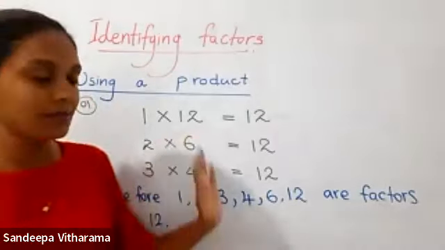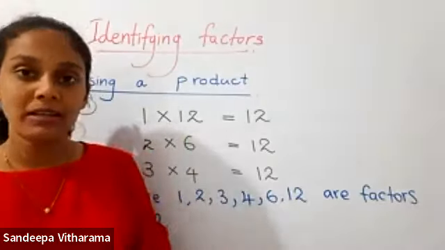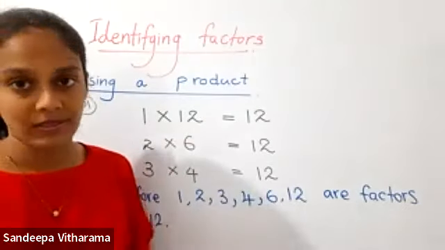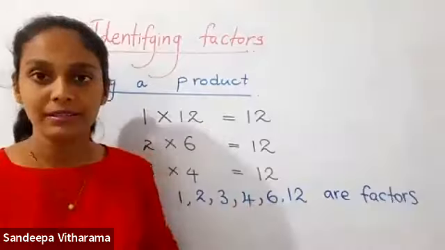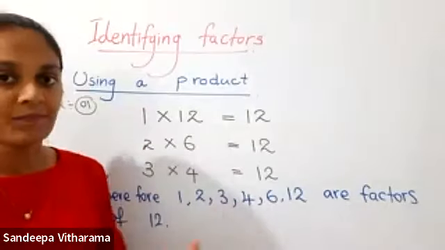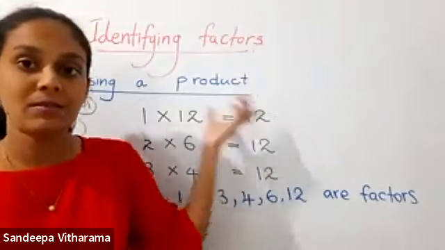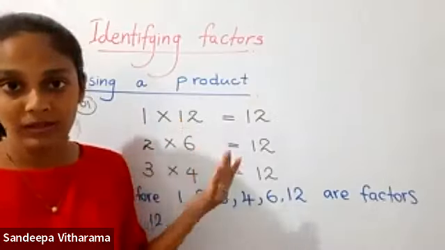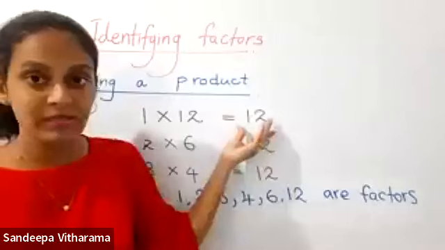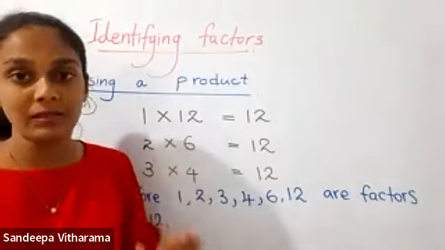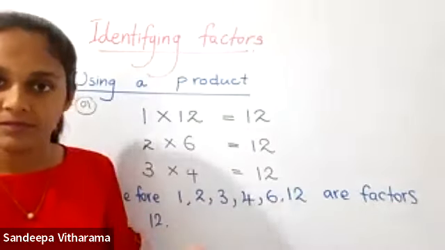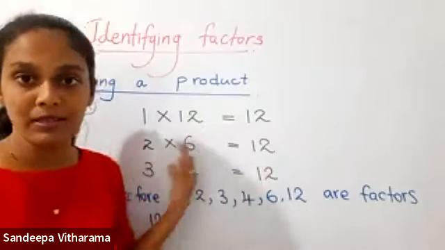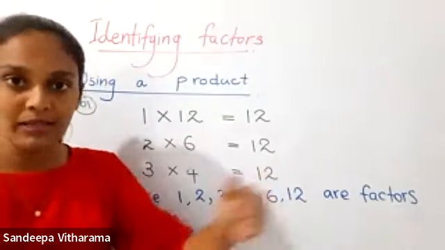Then by identifying these factors, what is the benefit of identifying factors? What is the advantage we have? Because we can say that 12 is divisible by 12. Okay? That means 12 can be divided by 12 without remainder. 12 is divisible by 6. That means after dividing 12 by 6, there's no remainder. Remainder is 0.